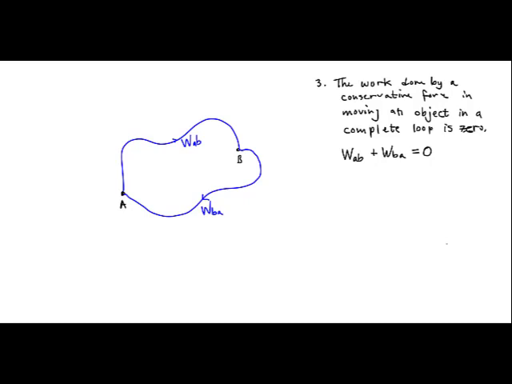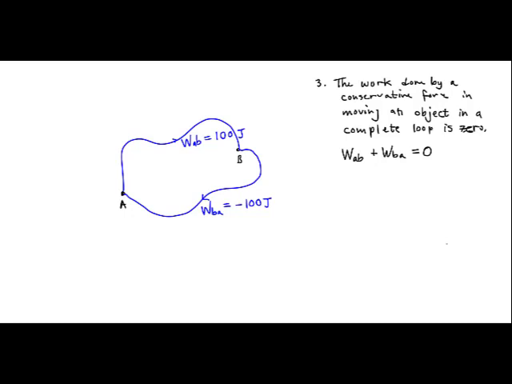What that means for this picture is, let's just put some arbitrary numbers here. If the work done in moving this object from A to B involved 100 joules of work, if this represents a conservative force, then the work done from B to A must be equal to minus 100 joules of work.